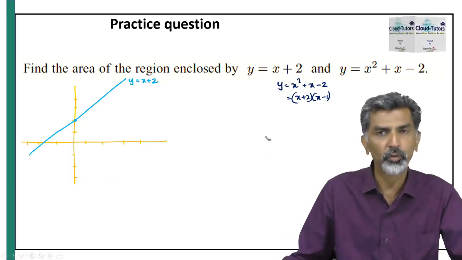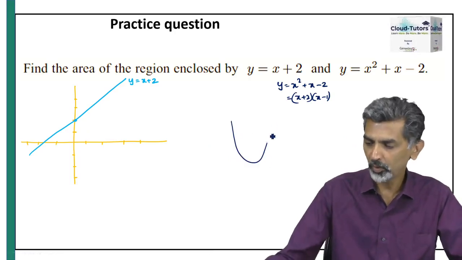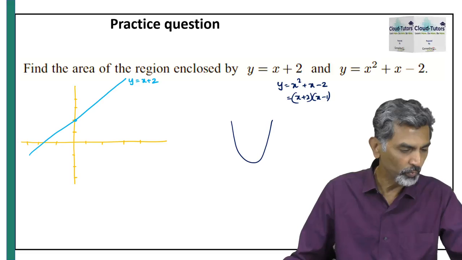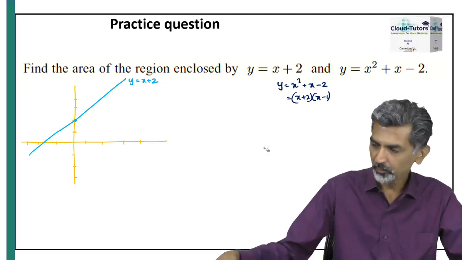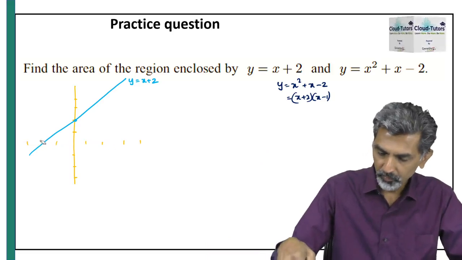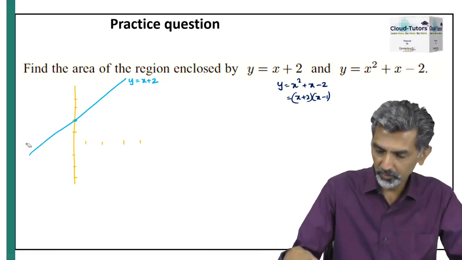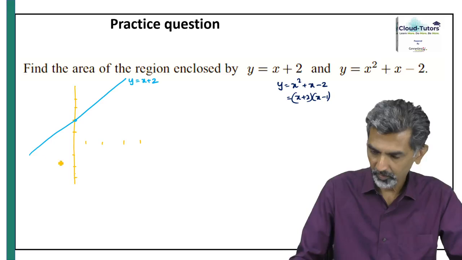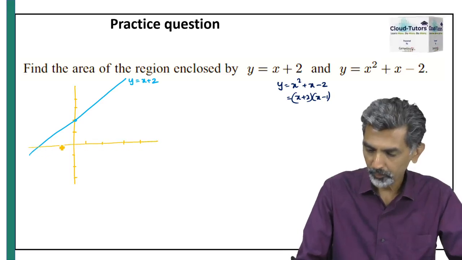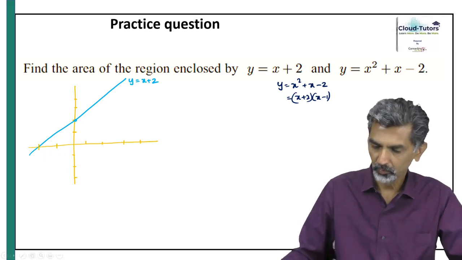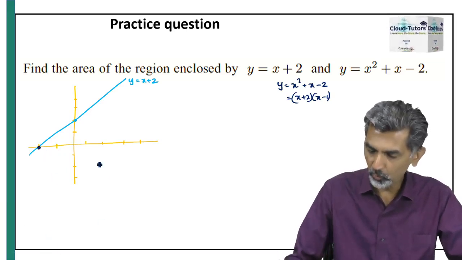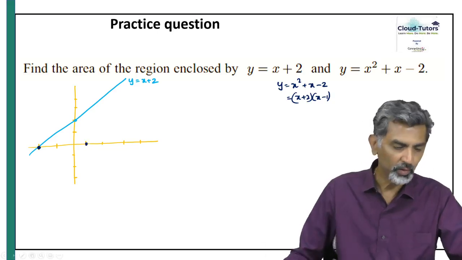Because the coefficient of x square is positive. So it's a parabola which looks like this. It's got two real roots, negative 2 and plus 1. So negative 2 is one root and plus 1 is the other root.